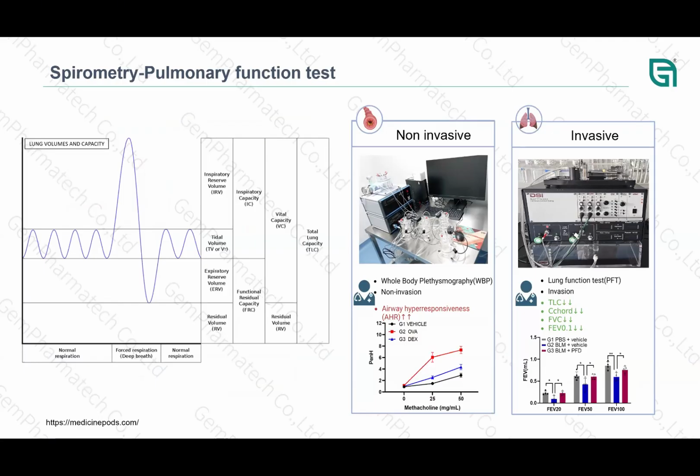Currently in the clinic, spirometry and whole body plethysmography chambers are commonly used, and correspondingly, our platform is also equipped with instruments for mouse model testing.